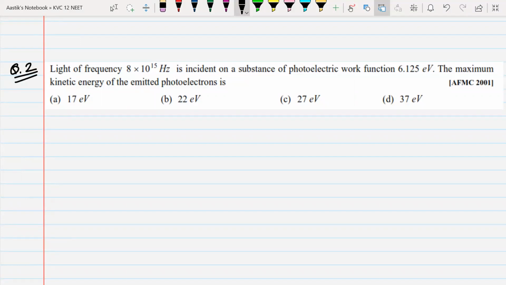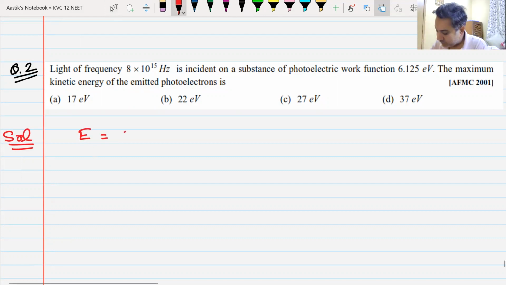See, you have to find the maximum kinetic energy. Just take a deep breath and look at the equation. So, energy of the photon will be equal to your work function W naught plus your kinetic energy maximum.